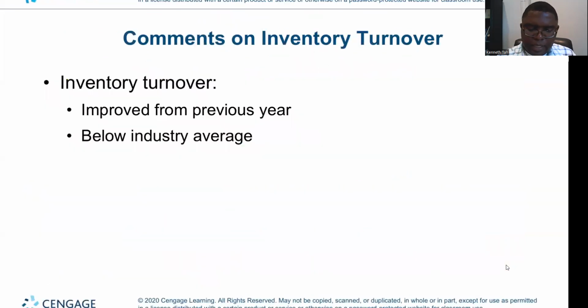So we've seen that even though inventory turnover improved from previous years, it remains below industrial average, which makes for a good time series analysis and a poor cross-sectional analysis.